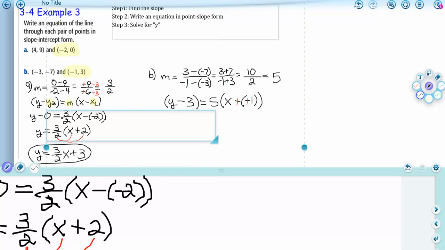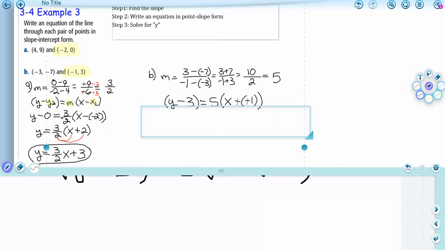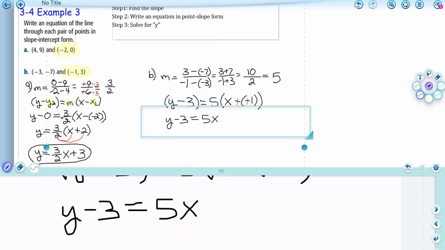So now all I have to do is simplify this, and I end up with y minus 3 equals, I'm going to use distributive property to get rid of these parentheses, 5 times x, and then 5 times 1 is 5.